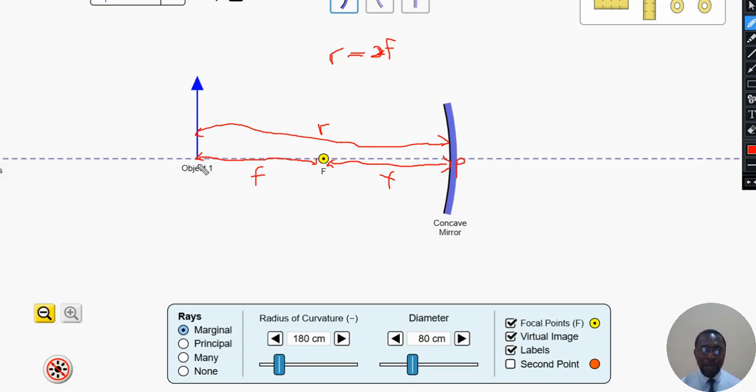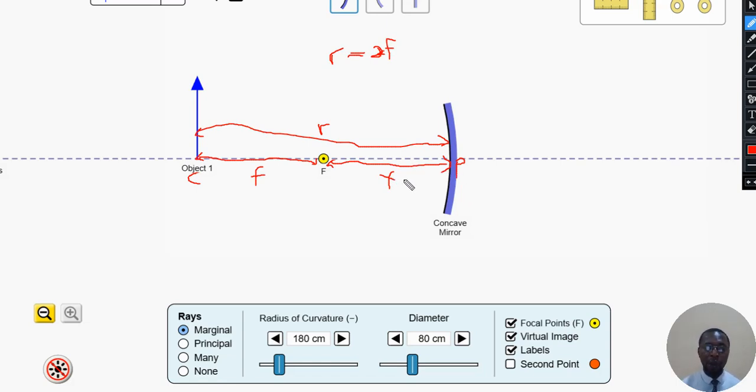Okay, now the exact point where the object is, that forms the distance between the object and the pole, that particular spot is called the center of curvature. So between center of curvature and P, we have radius of curvature. Between focal point and pole, we have focal length.